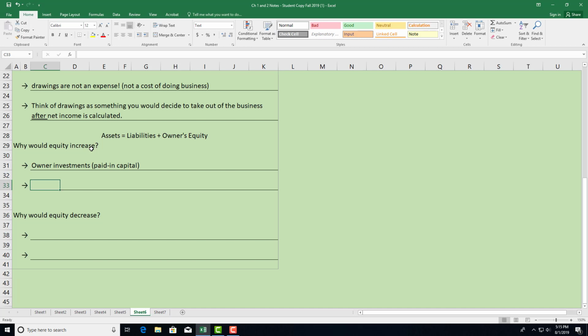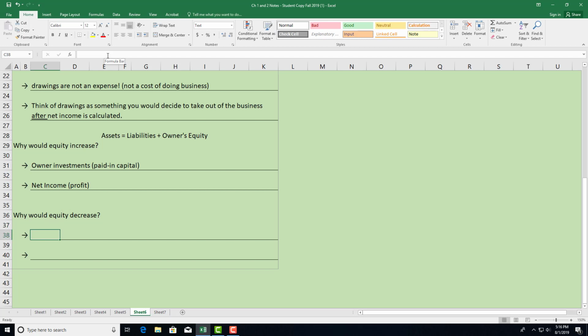So we have owner investments, or what we call paid-in capital. Just as it sounds, it's money that was paid into the business as an investment by the owners. And then the other reason equity would increase, net income. If we have net income, that would increase equity. I'm going to put in parentheses also here, profit. Net income is profit. If we have net income or profit, then we would increase equity.